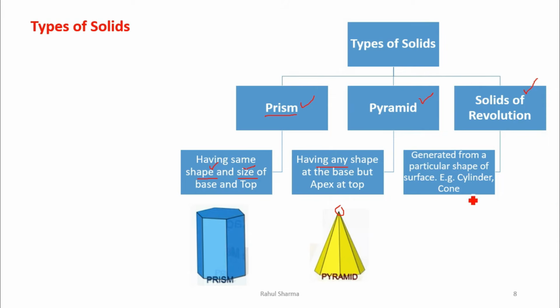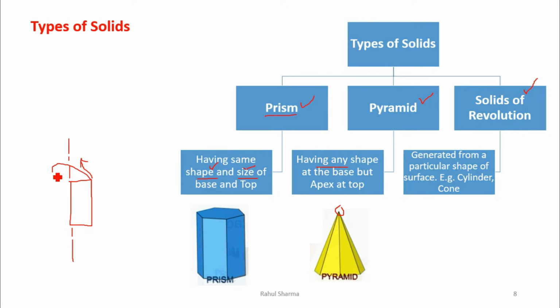Solid of revolution means that we do not have a direct solid like a prism or pyramid; we are generating the solid. For example, if I have a rectangular surface, I revolve the surface like this. Let's say this is the center axis of this rectangular surface. I revolve the surface in this direction, which means I rotate it.